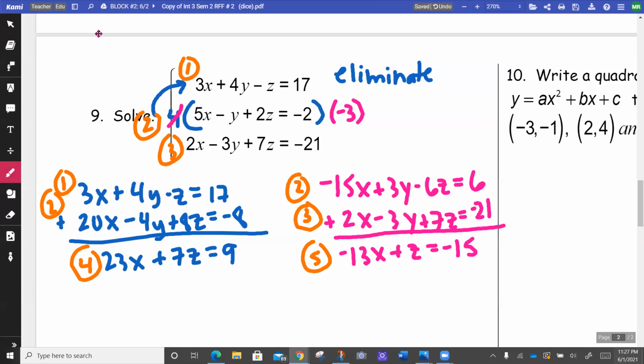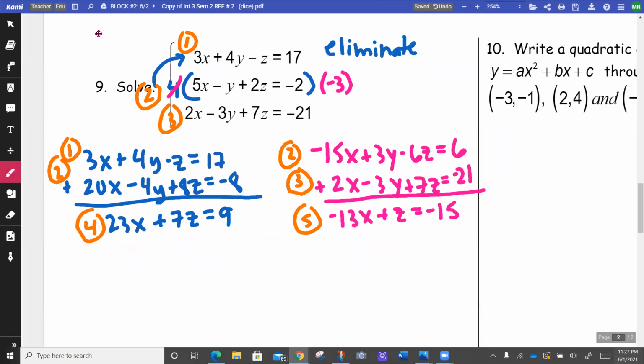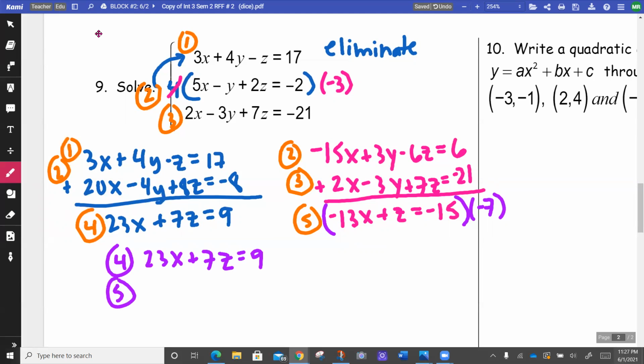So now I'm going to take 4 and 5 and try to solve that system. What I'm going to do is try to eliminate my z's at this point. So I am going to be multiplying this equation here by a negative 7. I'm taking 4, which I'm going to keep. I'm taking 5, which I'm timesing by a negative 7.